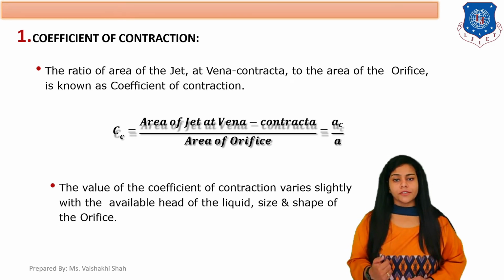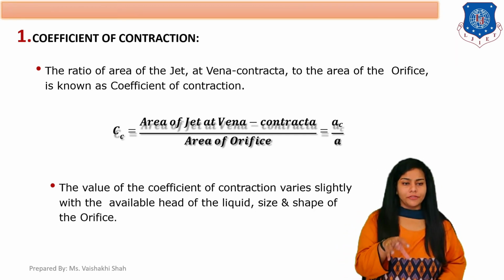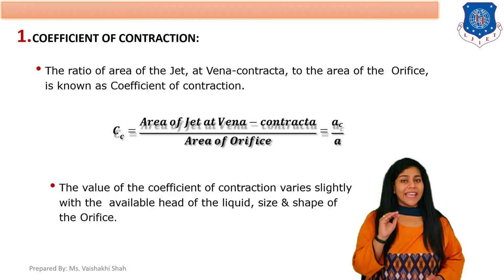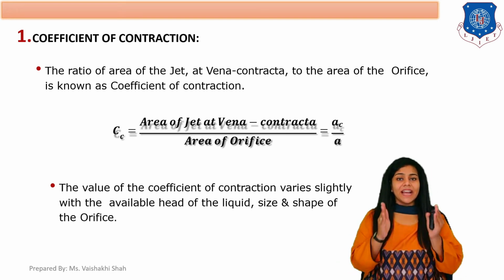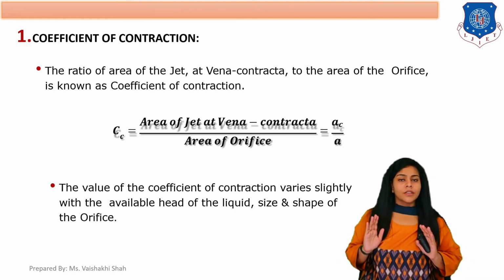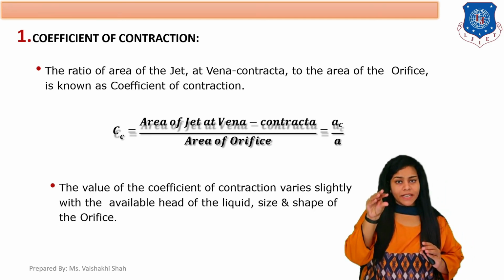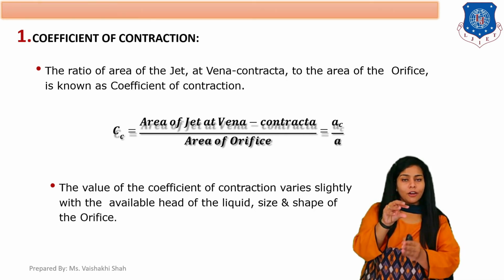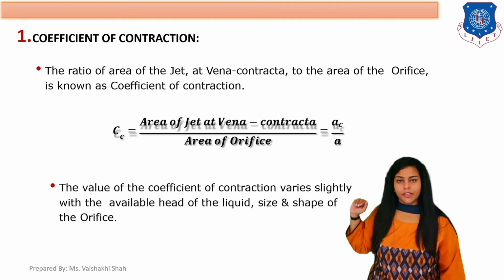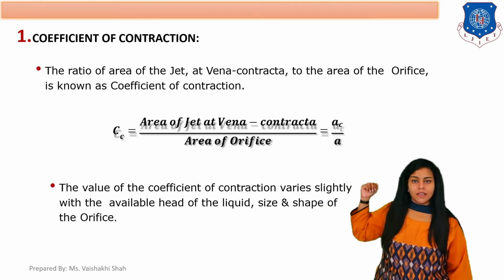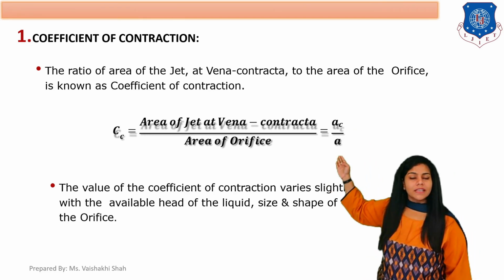It is the ratio of the area of the water jet at vena contracta to the area of the orifice. Now the area at vena contracta is Ac, and the area of the orifice is small a.